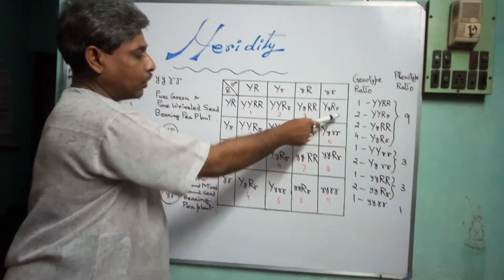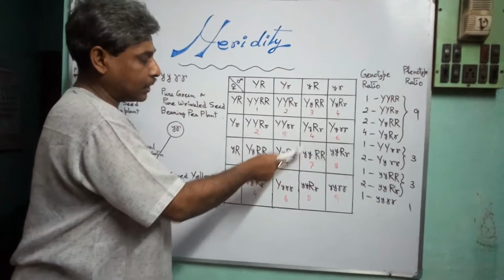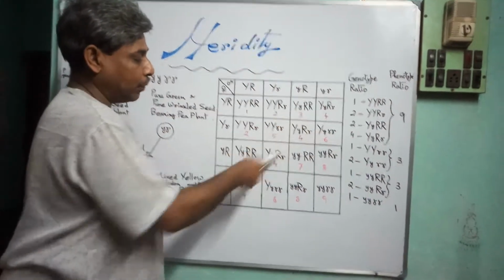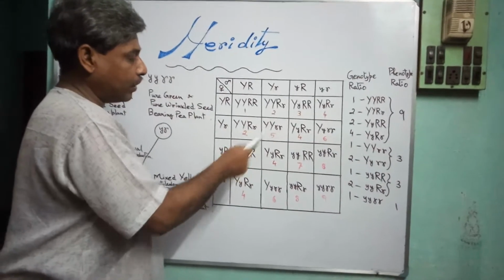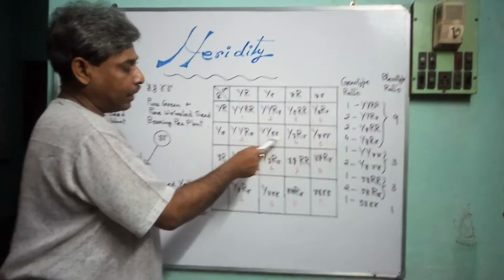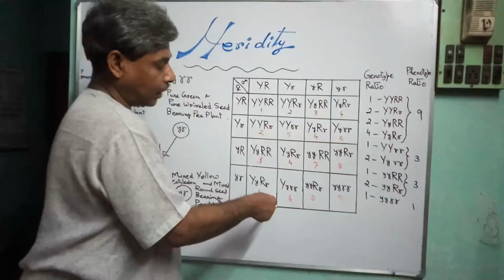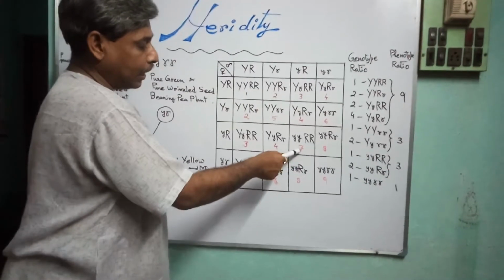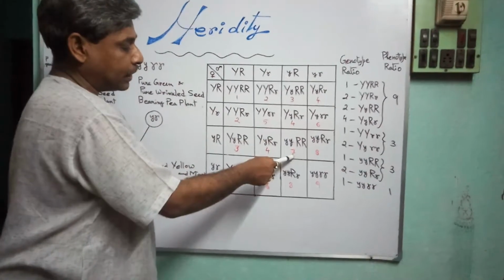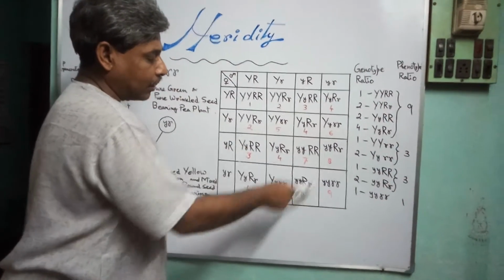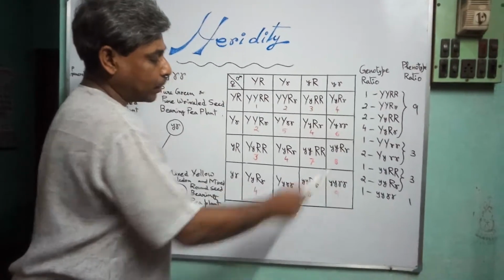Along this diagonal all the individuals are similar, so all these individuals are 4 numerically. In between these 2, the left out is 5, these 2 are 6 along this diagonal, and the left out in between these 2 is 7. Along this diagonal these 2 are similar, they are written as 8, and the left out is 9.